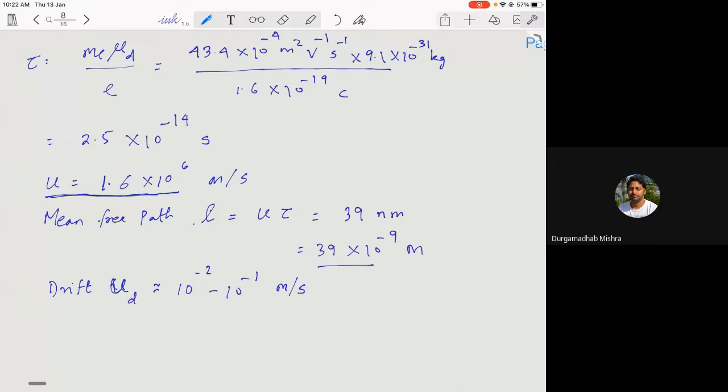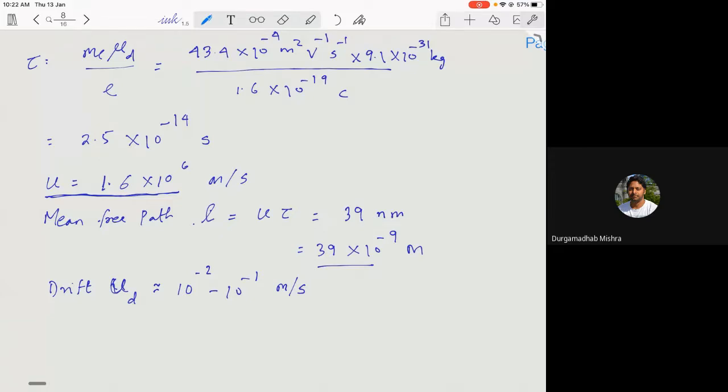So the point I want to emphasize is that the electron will travel probably a few hundred nanometer in the material. Your material will typically be in millimeter or maybe centimeter size, which is of the order of 10 to the power minus 2 meters, or minus 3 meters. However, the electron will travel only a few hundred nanometer, and then it will get scattered.